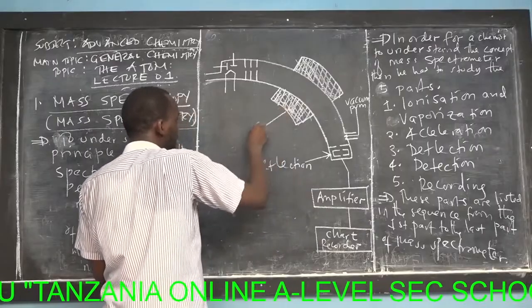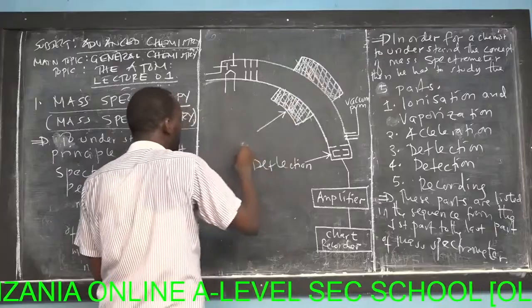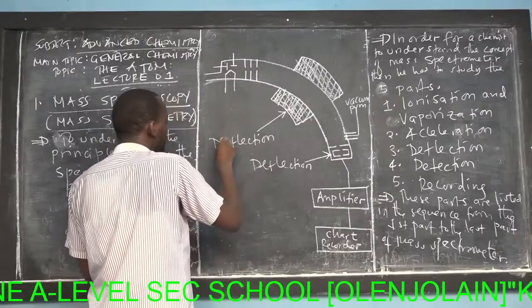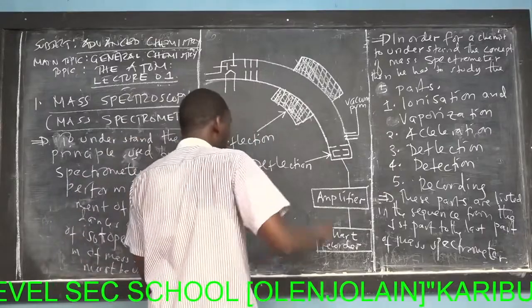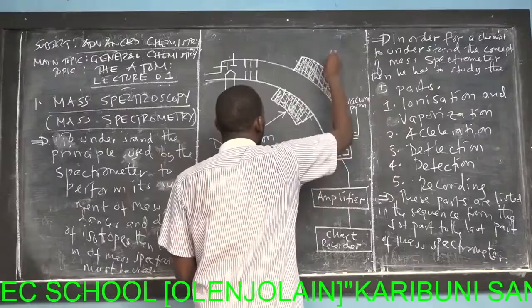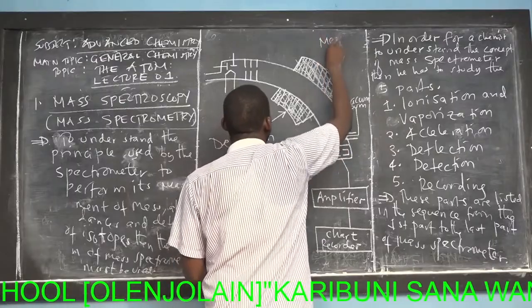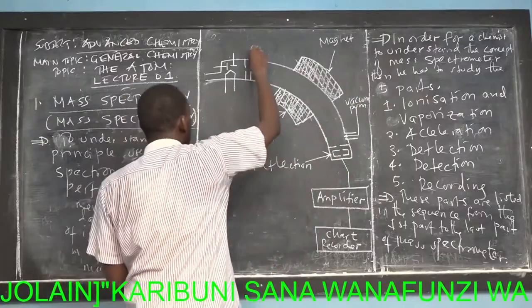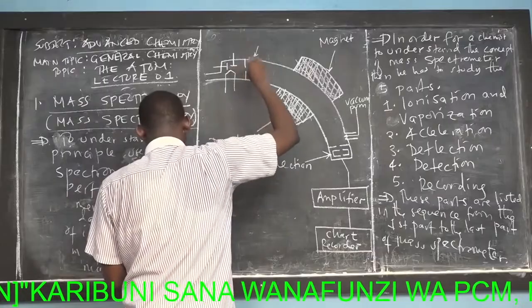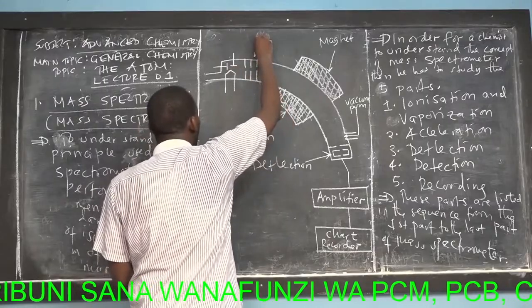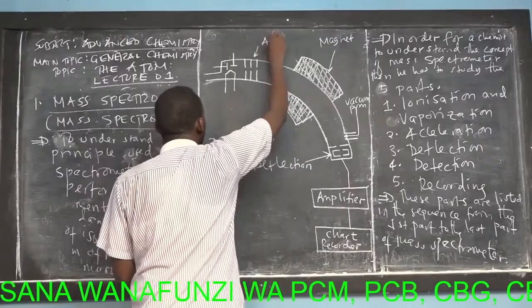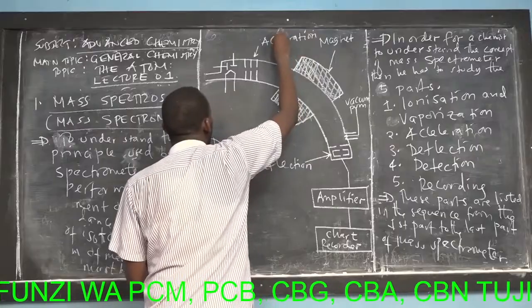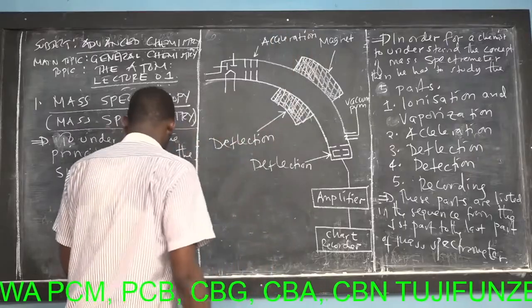When you say this section, both this and this, we call that section the deflection region. But what does this deflection do? This is a magnet. And this section, with this ray, we call the acceleration section. This is part 2 that I mentioned, acceleration.